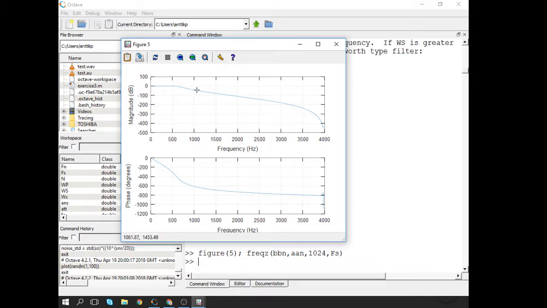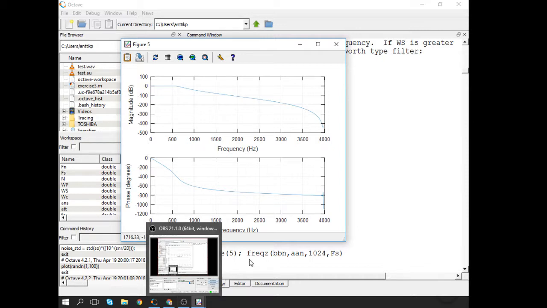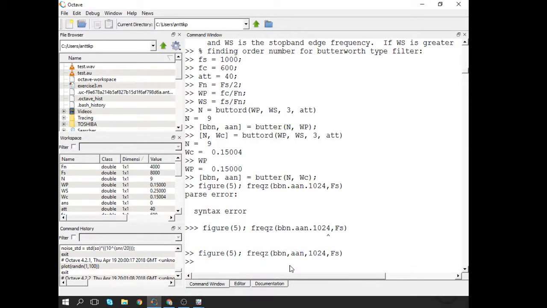So, but anyways, we got the filter and now we can actually use it. Let's use it for our data. YYB, BBN. Filter some data.